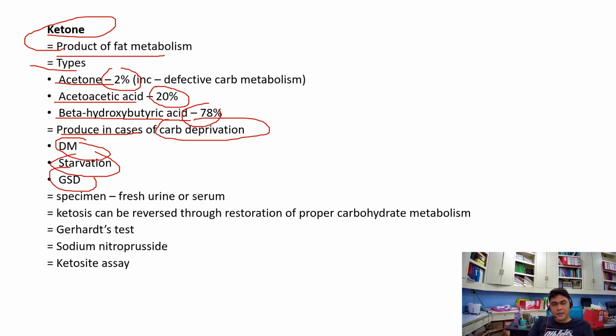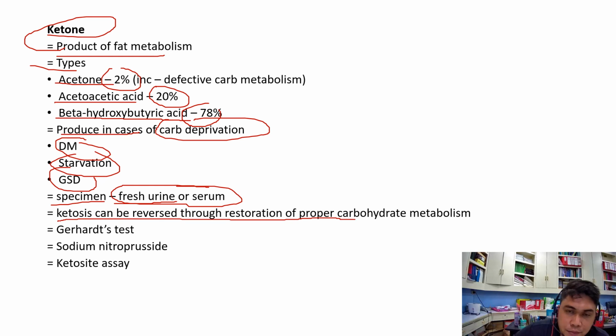There's also presence of ketones in GSD because the body cannot convert glycogen to glucose efficiently, so it looks for another source of energy. The specimen is either fresh urine or serum. Ketosis can be reversed through restoration of proper carbohydrate metabolism.